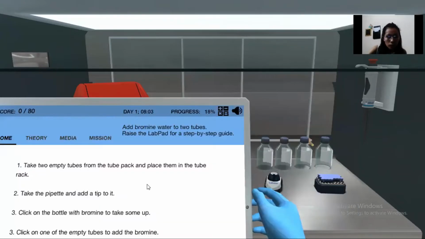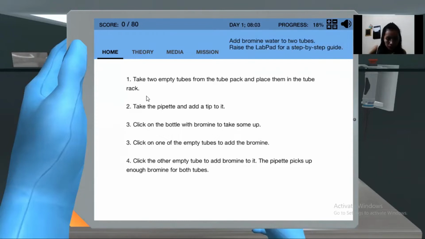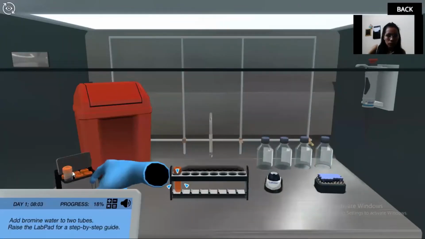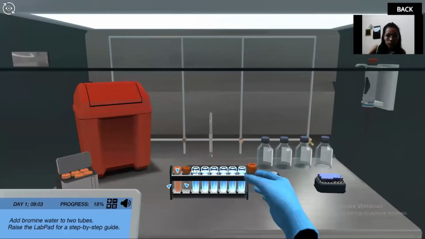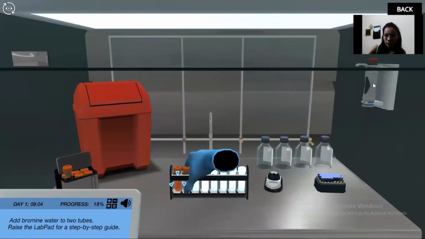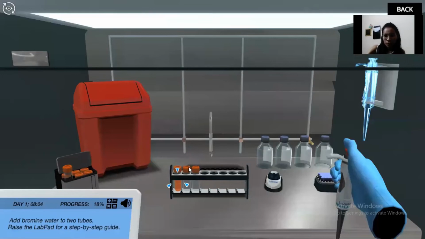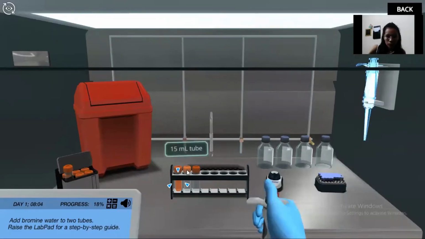Raise the lab pad for a step-by-step guide. Click on the lab pad for more information.